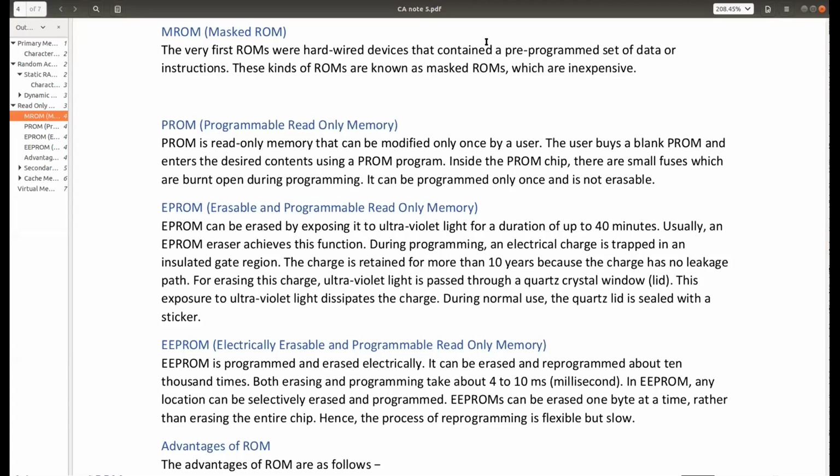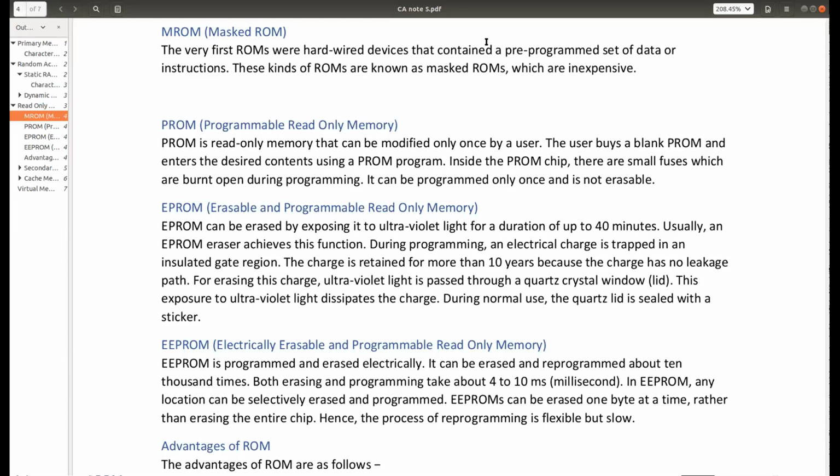This is the technology behind the EPROM: if you want to delete the previously written content, you have to expose it to UV light, ultraviolet light, for up to 40 minutes. This is the basic technique of erasing previously written content from the EPROM.